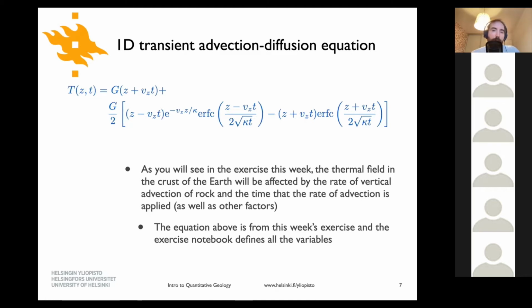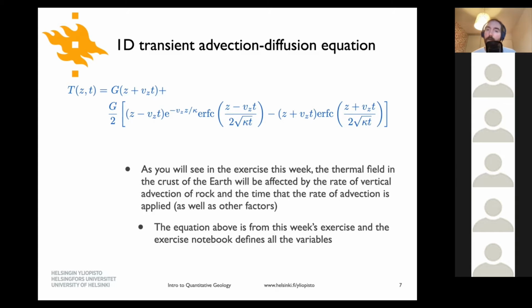All right, so we saw our one-dimensional steady state advection diffusion equation in the previous derivation that was shown on the course page. That will be up again, as mentioned, sometime this evening. That derivation is for the steady state case where temperature is not changing with time.